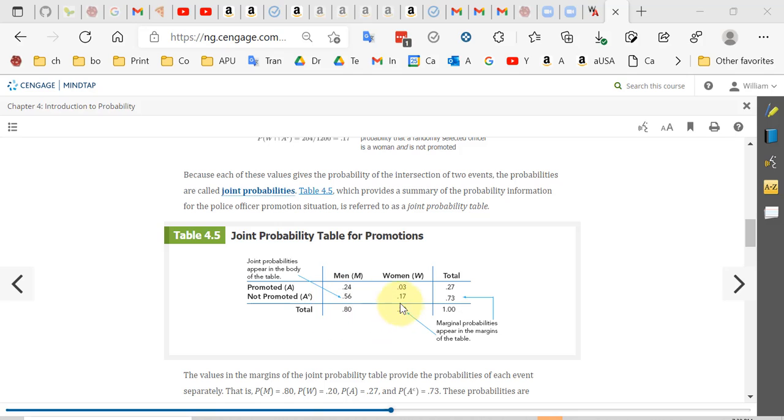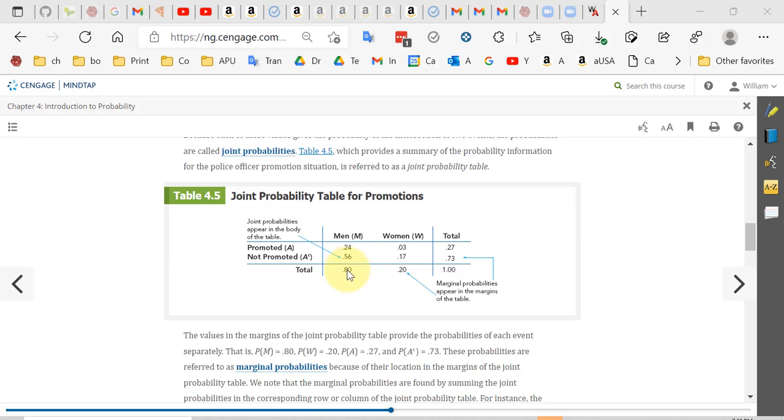So we can say the probability of men is 0.8, the probability of women is 0.2. The probability of A, promoted, is 0.27, and not A, or not promoted, is 0.73. Those are given here as well, and they're called the marginal probabilities.